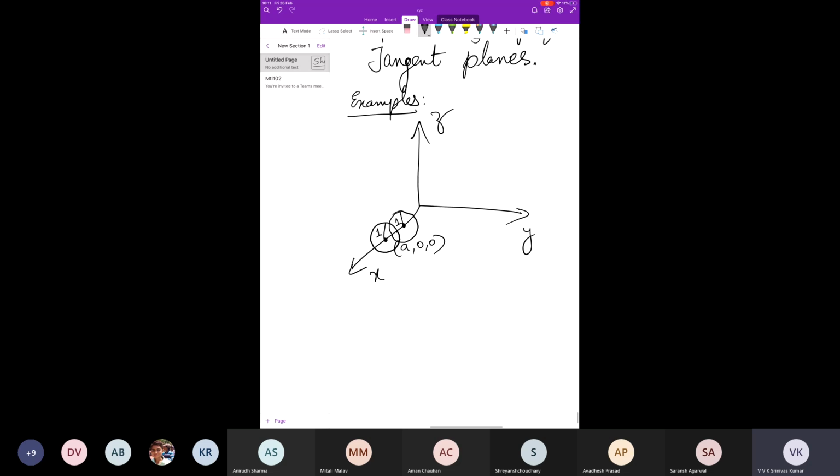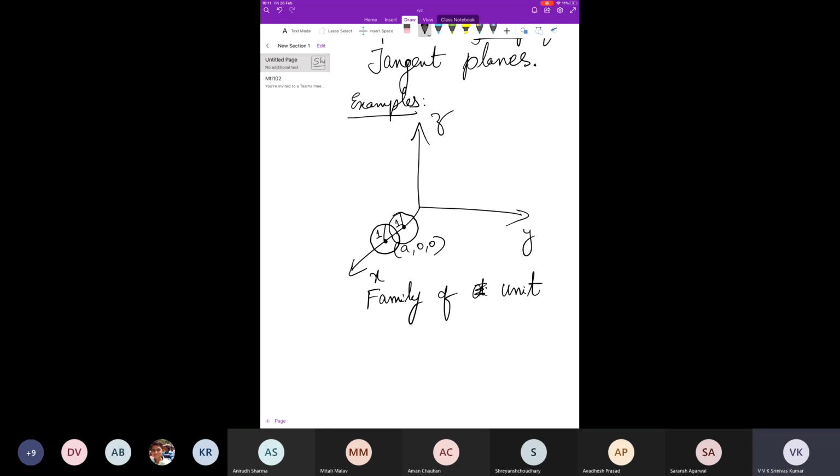So this is a family of unit disks with center a comma 0 comma 0.